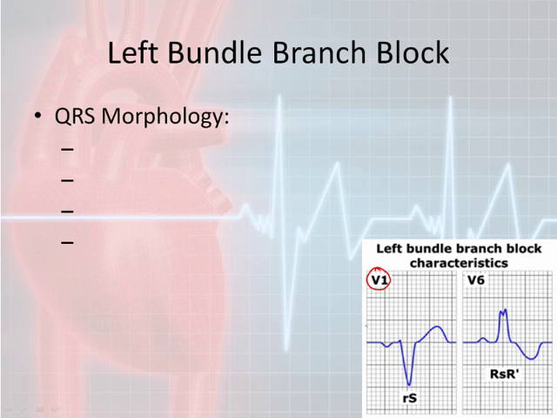So we're going to look in V1 here. The first thing that you're going to look for in the QRS morphology is you're going to have a deep and wide, what they call maybe an RS pattern.